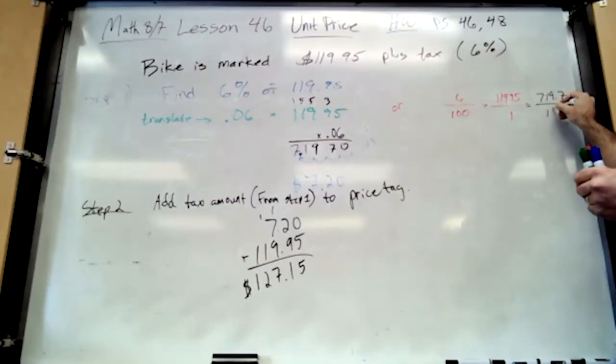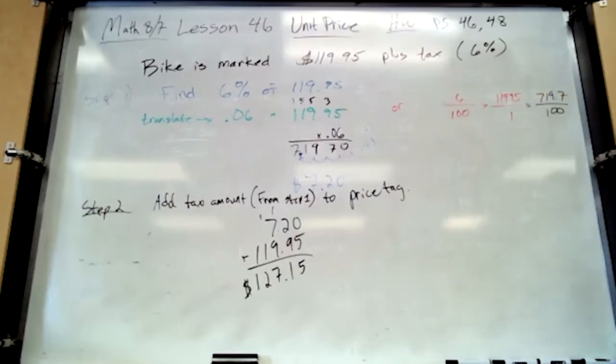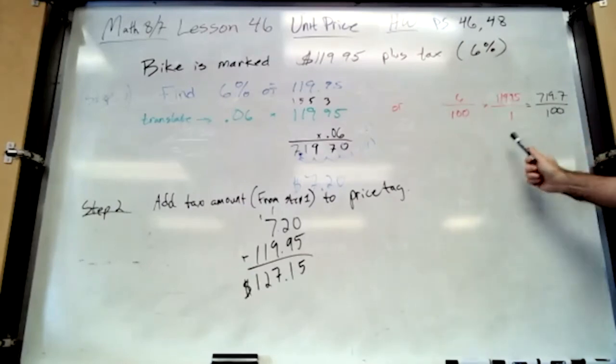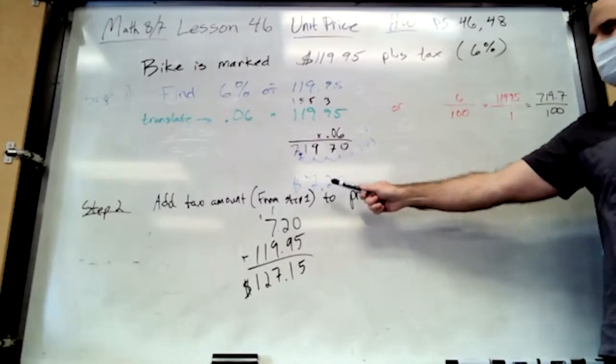When you multiply across, you get 719.7 over 100. So how do you divide decimals by 100? Move it over 2 places to the left. That's right. So then you get 7.197.